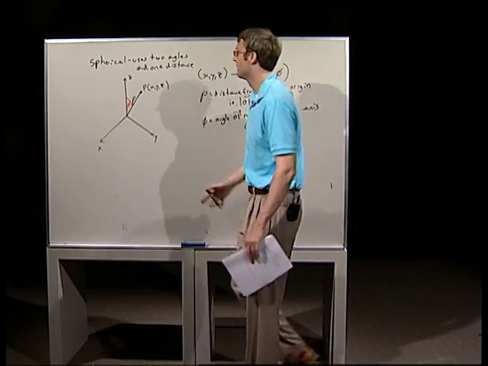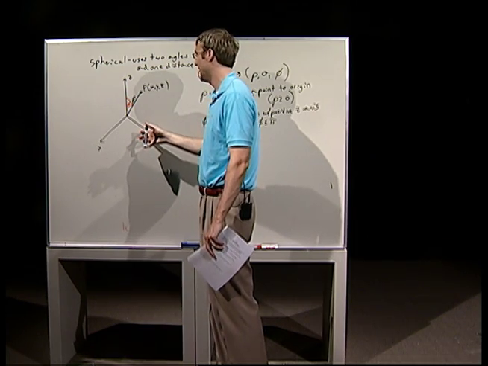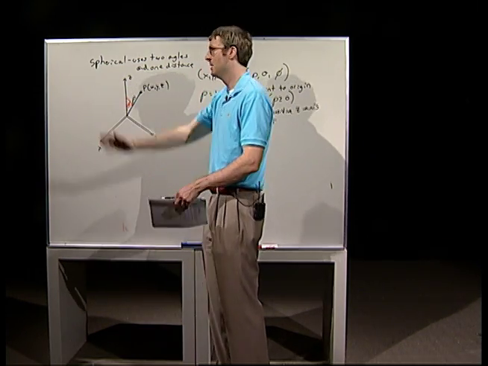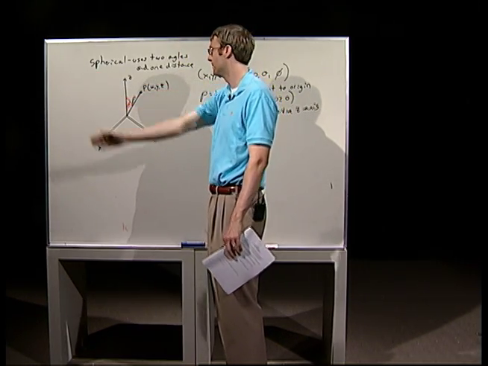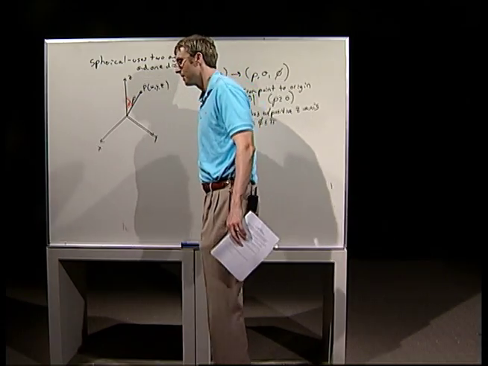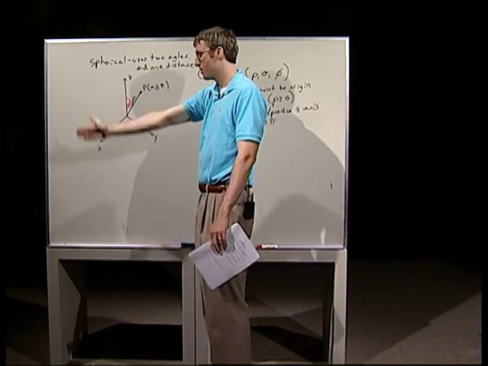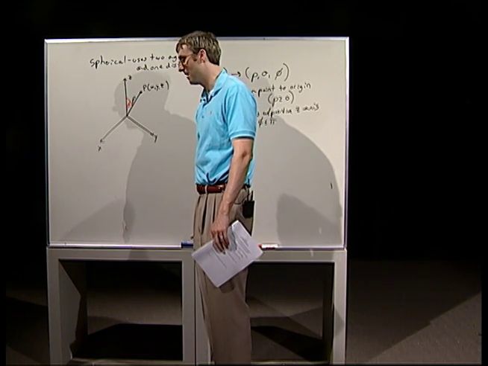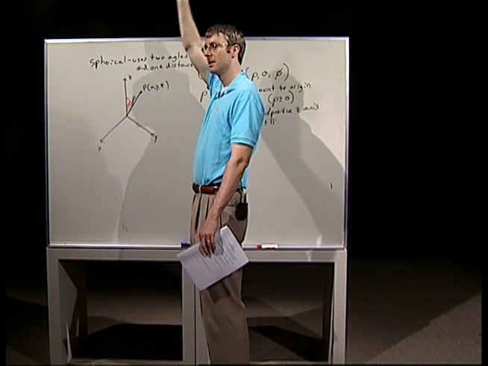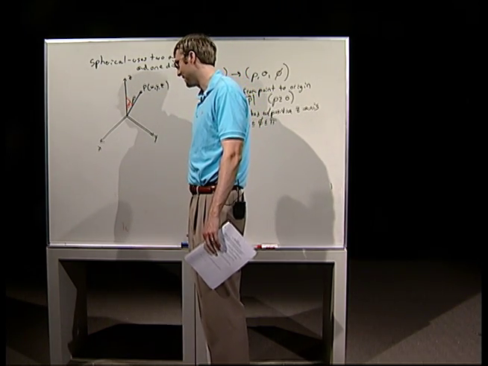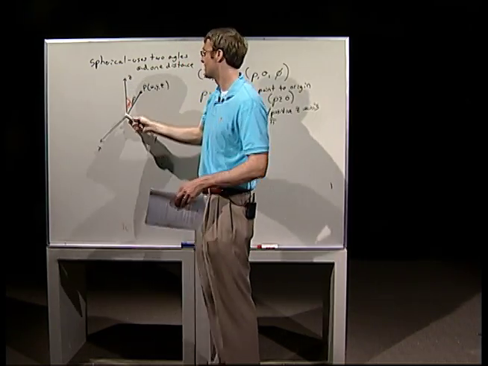So if the vector OP lies in the xy plane, the angle is pi over 2, the same way that my angle straight out is pi over 2, like this, right? And if I point straight up, my angle is 0. If I point straight down, my angle is pi. Right now, my arm is parallel and pointing in the direction of the positive z-axis, parallel pointing in the direction of the negative z-axis, right? So as I rotate this thing around, it doesn't matter which side you're on.